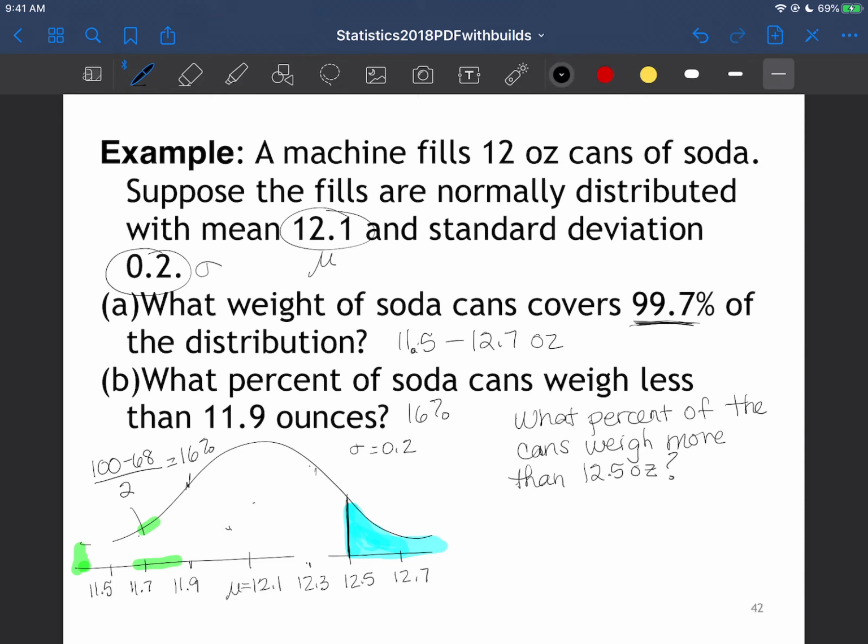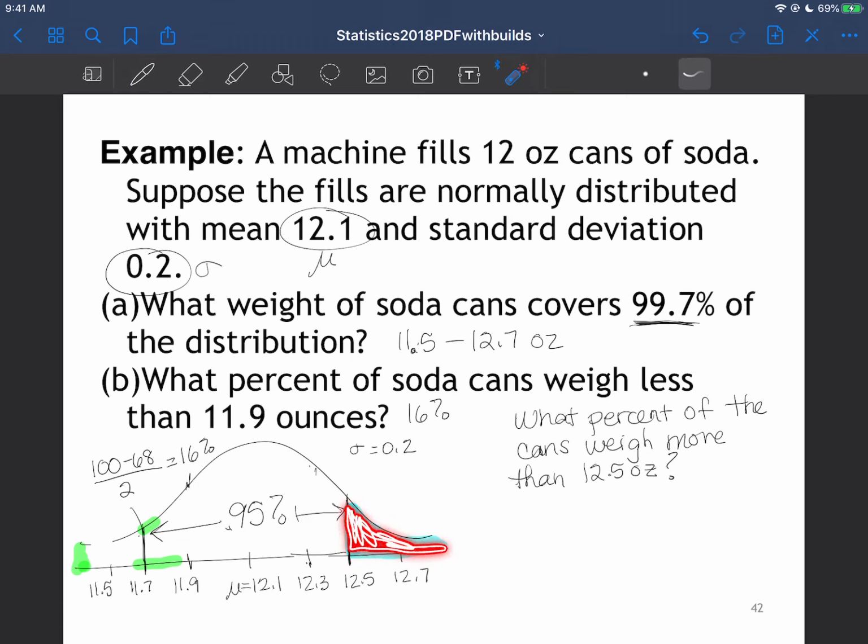12.5 is 2 standard deviations away from the mean. 1, 2. So I know that if I go 2 standard deviations to the right and 2 standard deviations to the left, that's 11.7, this is going to have 95% of my data. All right, the tails by symmetry must be equal here.